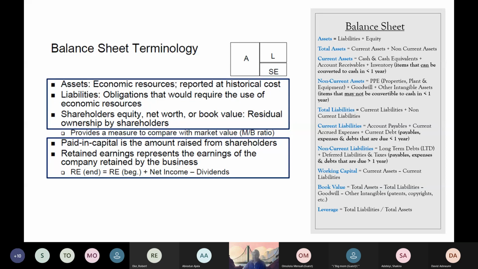So 15 divided by 50 is higher than 20 divided by 120. Okay, 15 divided by 50 is what? 30 divided by 100, which is 30%. Whereas 20 divided by 120 is 17%. So from a percentage or effective use of money point of view, it's a good thing to be levered.